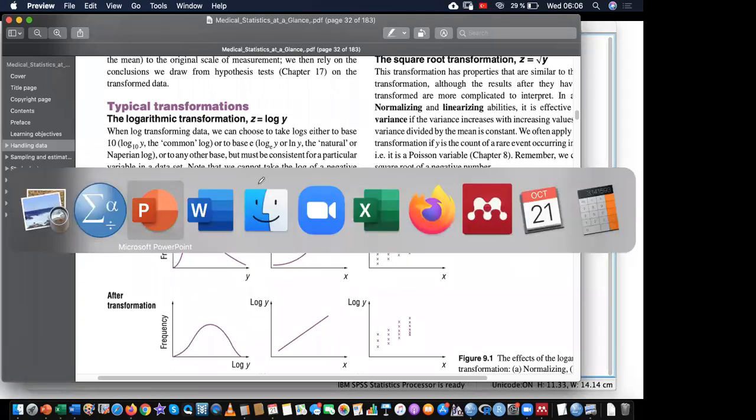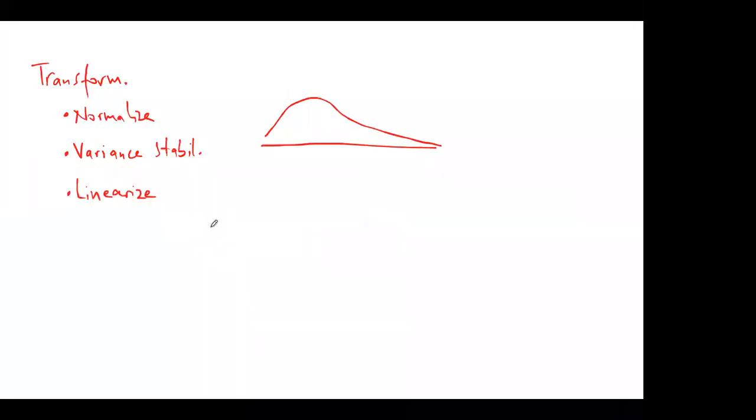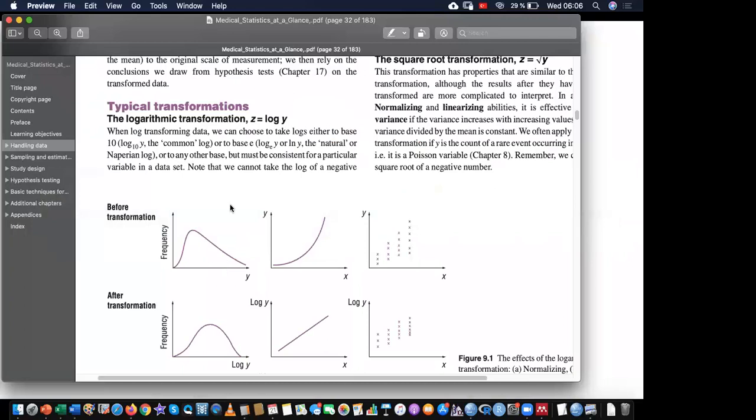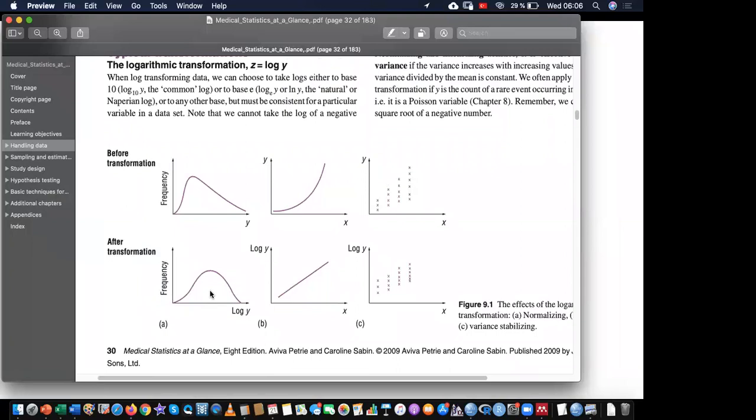Let me write it down here. So transformations, one is the logarithmic transformation. It can be logarithm on the base of 10 or on the base of e, doesn't matter. Look what happens if you do a logarithmic transformation. If you have right skewed data here, and you take the logarithm of the data, it will become symmetrical.